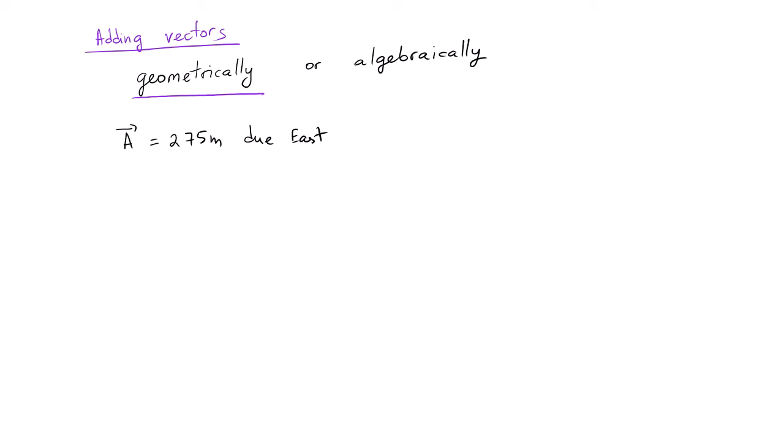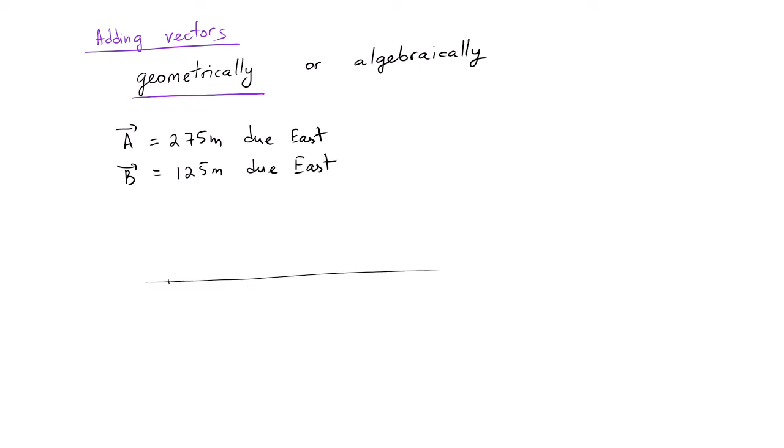Then the car moves again in the same direction with a displacement B equals 125 meters, same direction, due east.